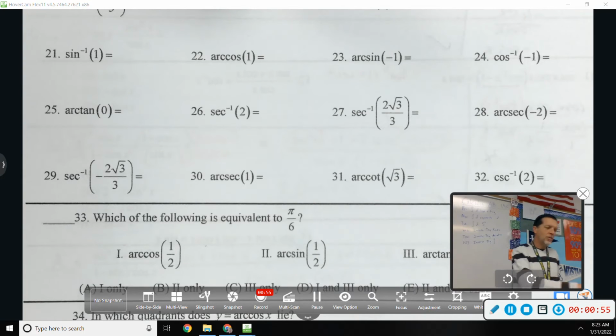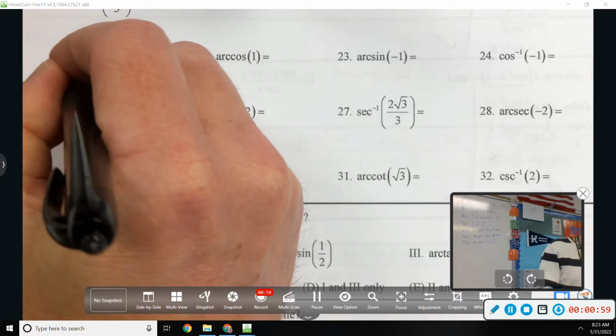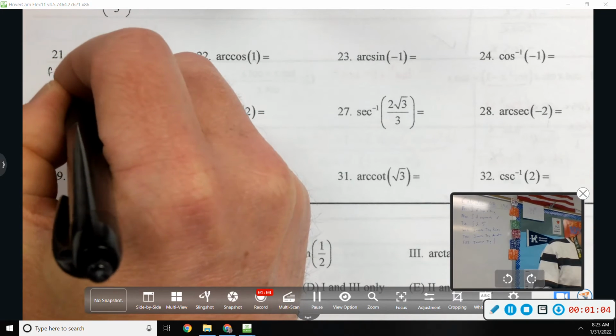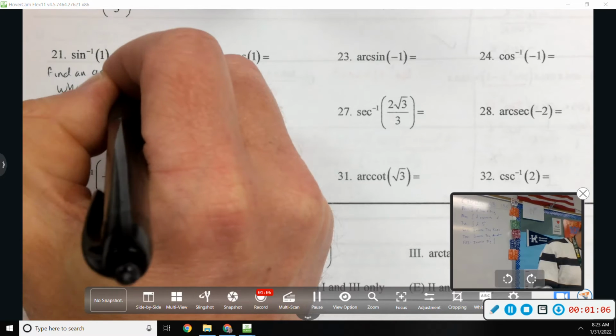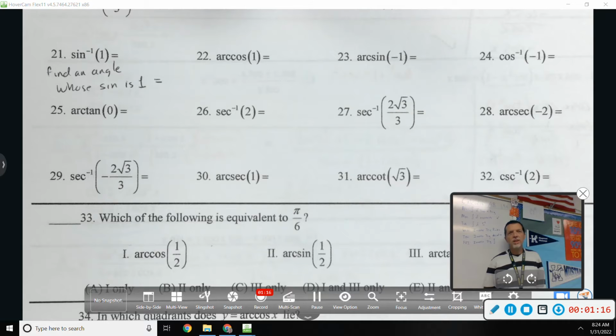Inverse sine of 1. Remember what that means is, that means find an angle whose sine is 1. Now, we don't really need to rewrite all that, but that's what it means. Find an angle whose sine is 1.